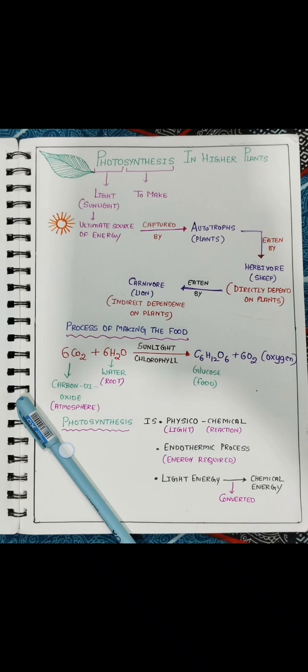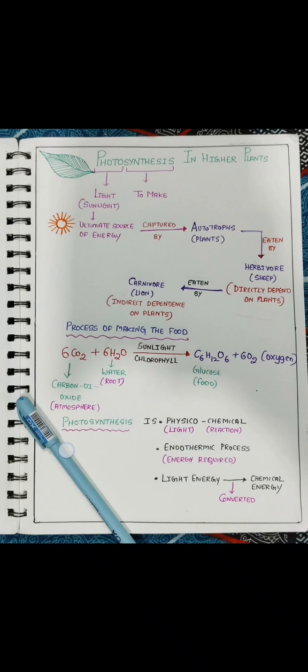In the food chain or food web, if these plants are eaten by herbivores, for example sheep, these sheep are directly dependent on the plants. There are many animals which are indirectly dependent on plants.